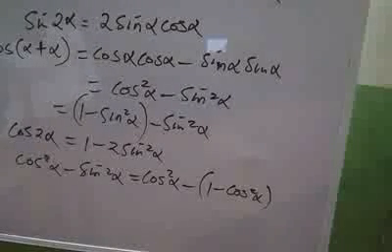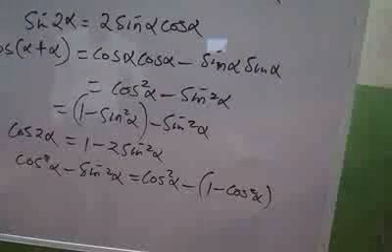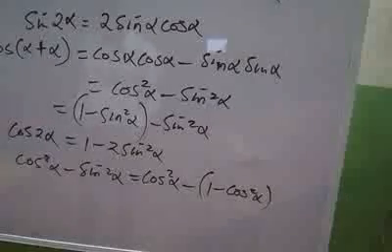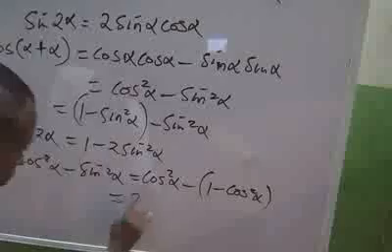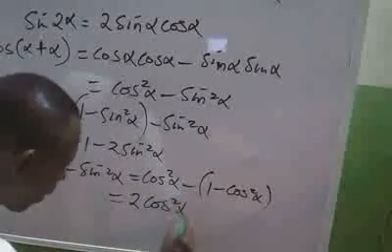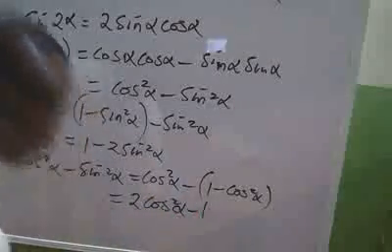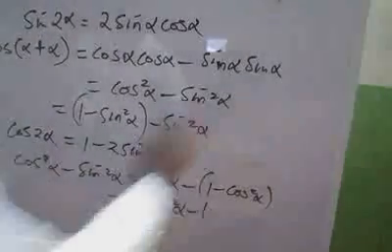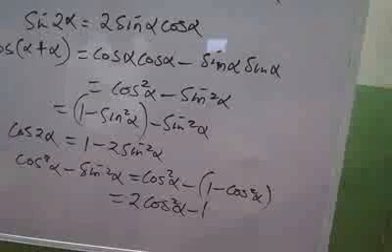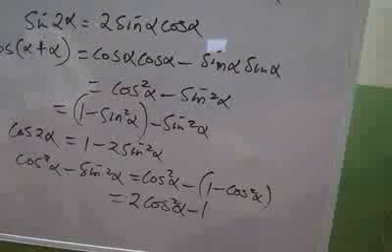So minus times minus will give me plus. So this will give me 2 cos square alpha minus 1. So any of those formulas is accepted.